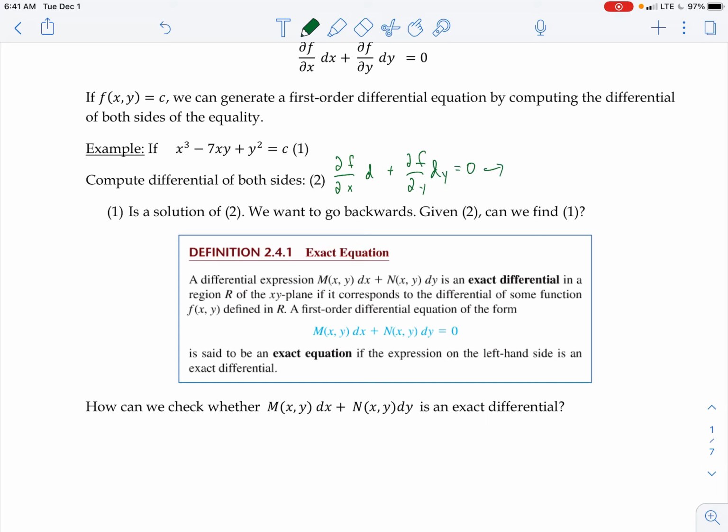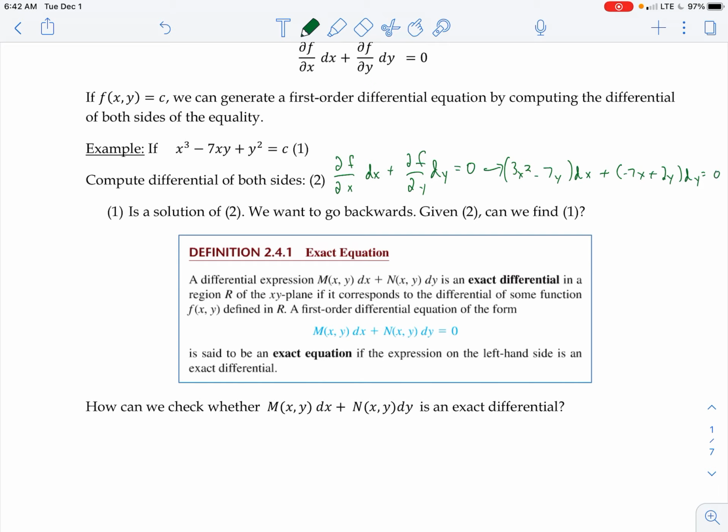So if we did this problem, we take our function and take the derivative with respect to x, we'd get 3x squared minus 7y dx plus the partial of our function with respect to y, which is going to be negative 7x plus 2y dy, and that equals some constant, which when we take the derivative would be 0.